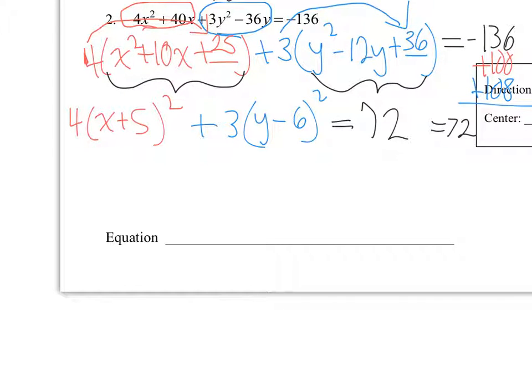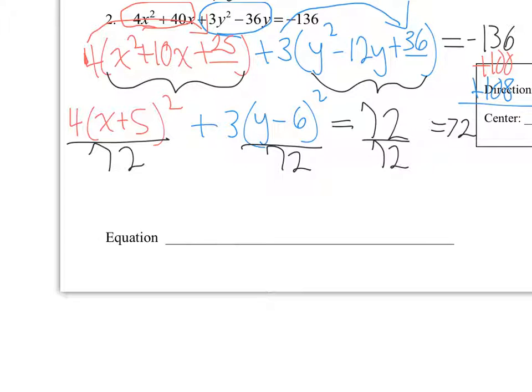So we're just about finished, okay? But the only thing is, it has to be set equal to 1 in order to be an ellipse in standard form. So what we're going to have to do is divide everything by 72. We're going to have to reduce 4 over 72 first. What does 4 over 72 reduce to?